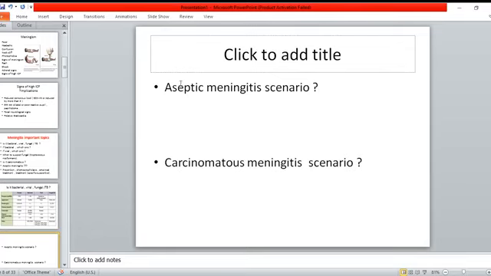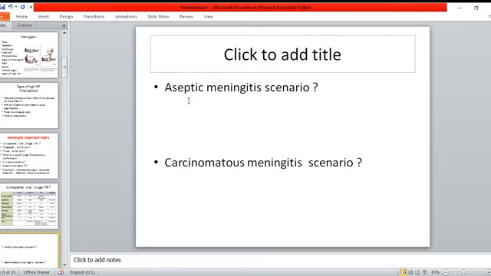Aseptic meningitis, from its name, it's aseptic, and there are many causes for aseptic meningitis, but you have to stress on 3 common causes, and usually the scenario will be clear. Usually there is no fever, okay, or a very low grade fever, and the CSF would be lymphocytic.